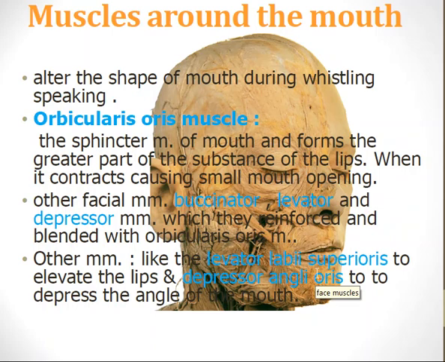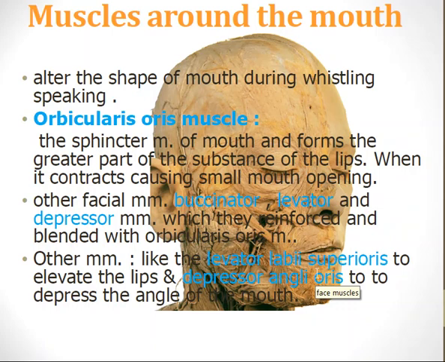This muscle forms the greater part of the substance of the lips. Under the skin of the lips, we can find the muscle that forms the bulkiness of the lips, the orbicularis oris. So the contraction of this muscle will cause narrowing or even closure of the mouth opening.